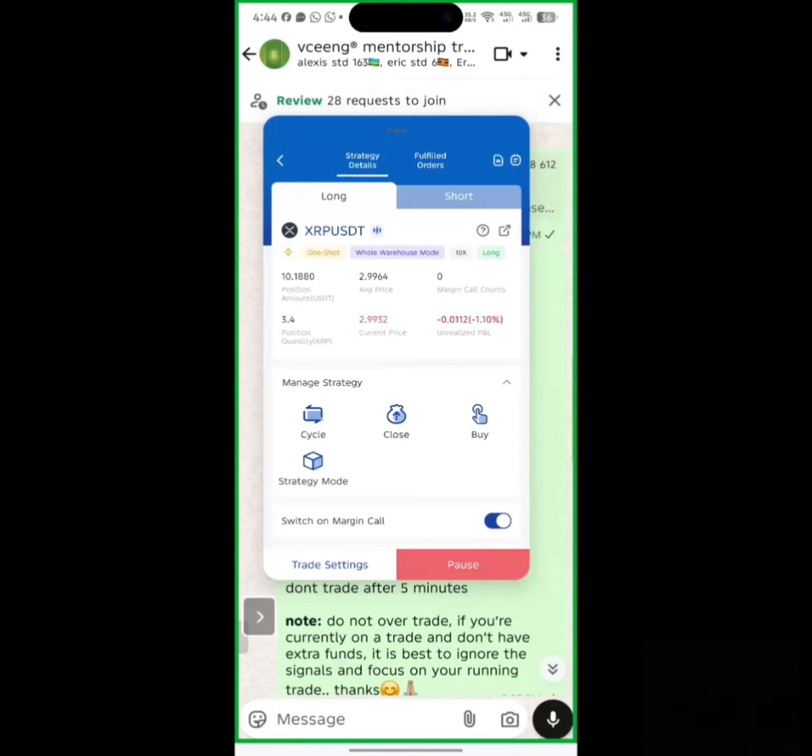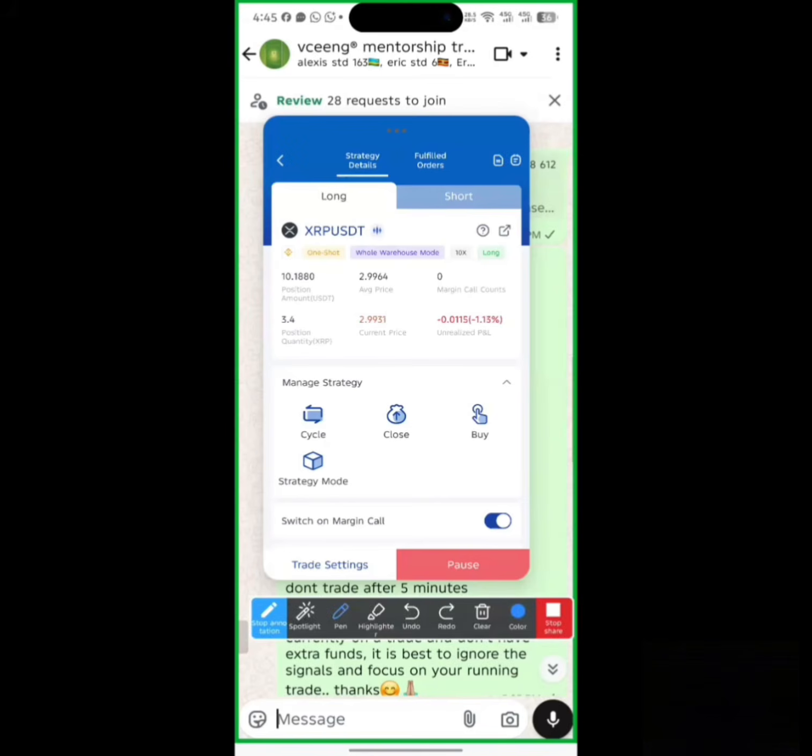Okay, I see Fabulous saying, is 1% same as 10% in royalq? No, I don't get you. It depends on the leverage that you are using. Fabulous, you're asking if 1% is the same as 10%.